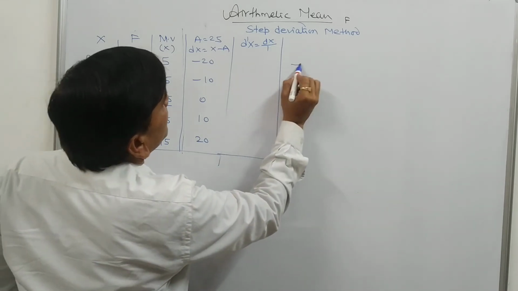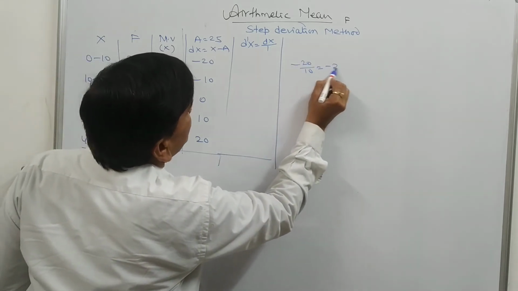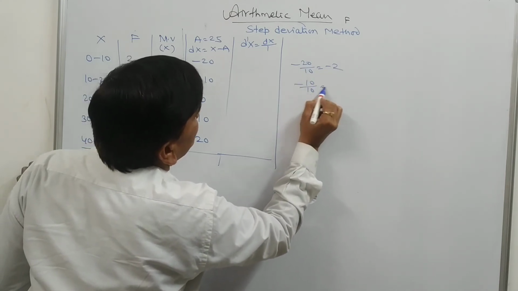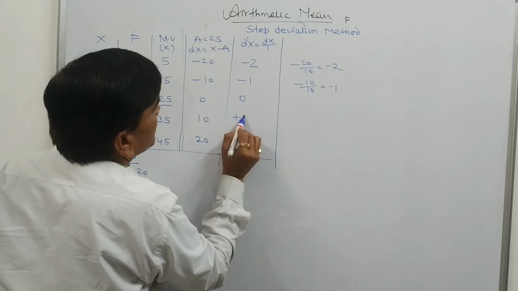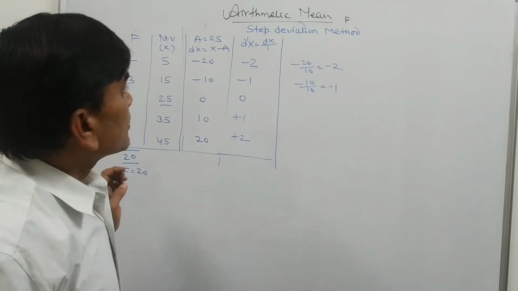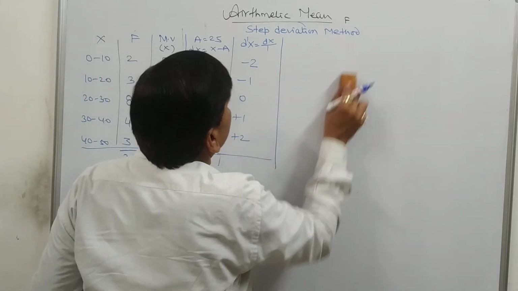So minus 20 divided by 10 is minus 2, minus 10 divided by 10 is minus 1. So we get minus 2 here, minus 1 here, 0 here, plus 1 here, plus 2 here. So this is d dash x.